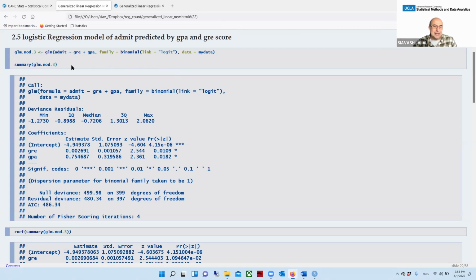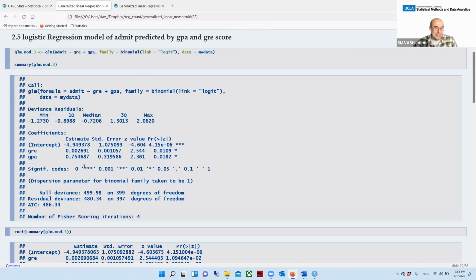So I want to see what this model is. So model 3 is glm of admit predicted by GRE and GPA. Still, family binomial, link is logit. I don't have to put this here because by default it is logit, right? But I can change it to a different type of link that comes with that family.